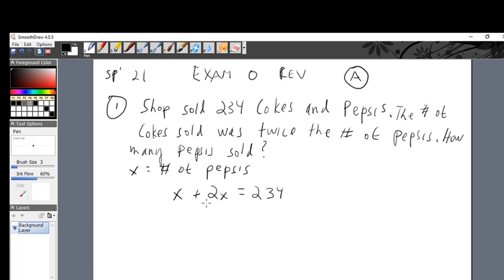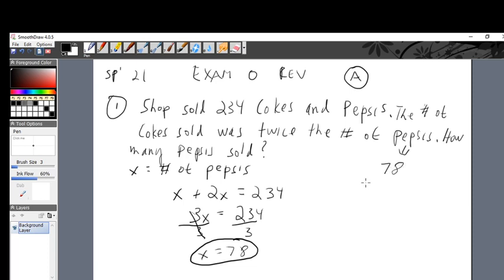That's all that really is necessary here. 3x, add them together, is 234. Divide by 3 on the left, divide by 3 on the right, and we get x is equal to 78, if I'm not mistaken. X is equal to 78, and there is the answer for the number of Pepsis. 78 Pepsis were sold.